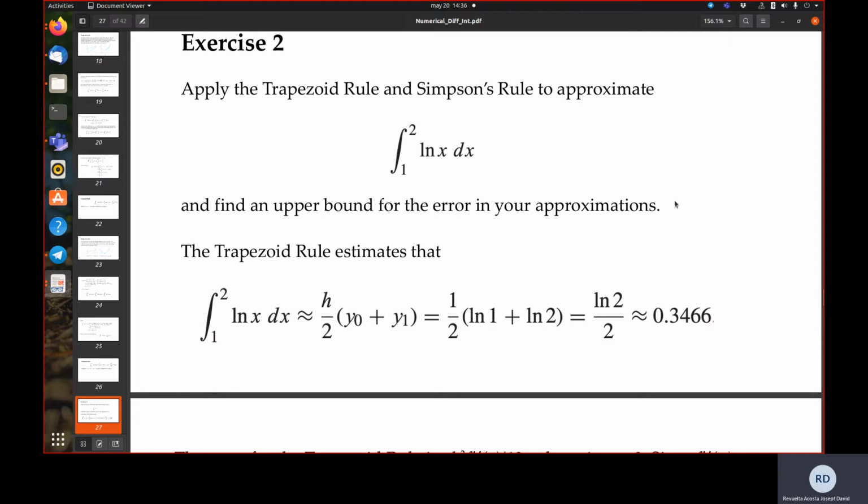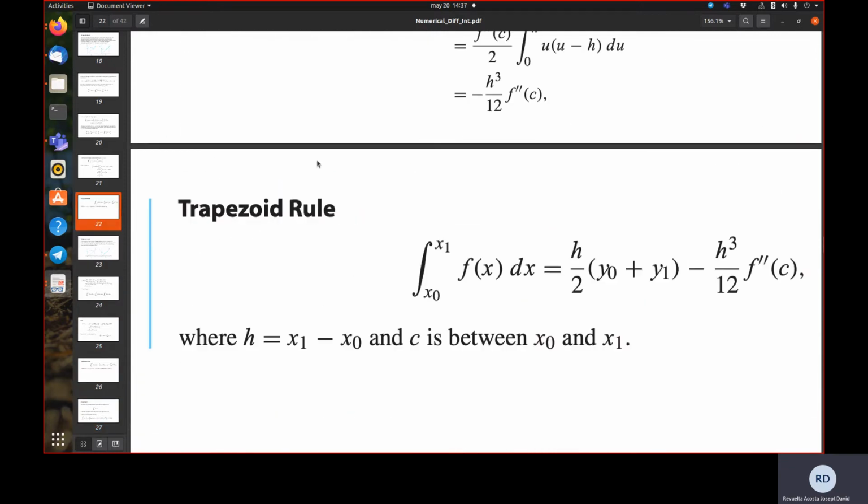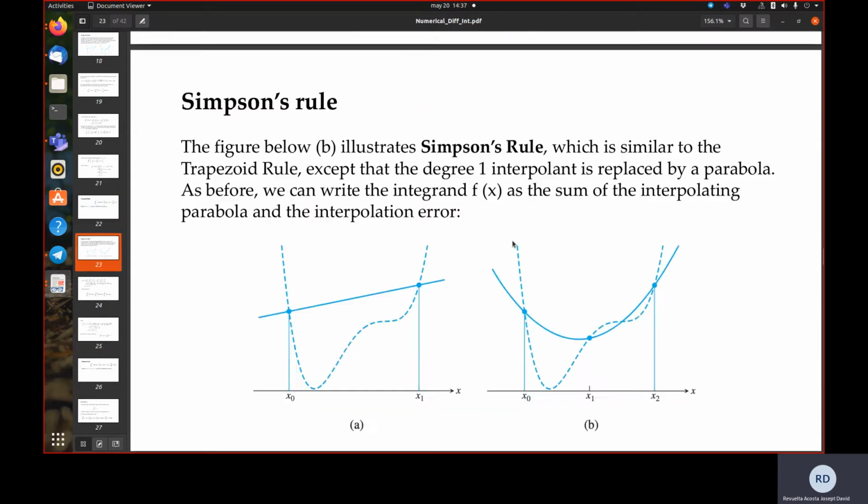So what it's asking is to give an error from the left and from the right sides of the approximation. If we use the Trapezoidal Rule, which is this one, this is the first thing that we can do, and then this is the second one for the error.